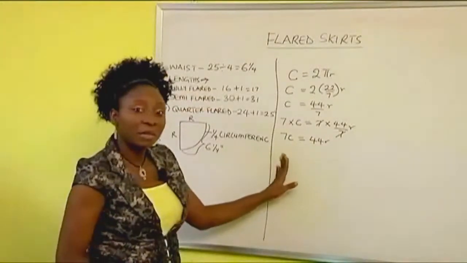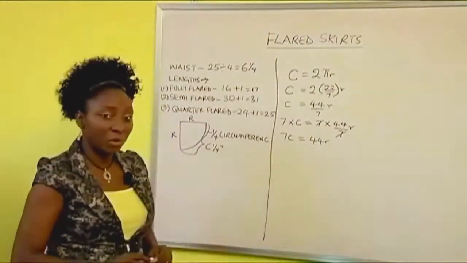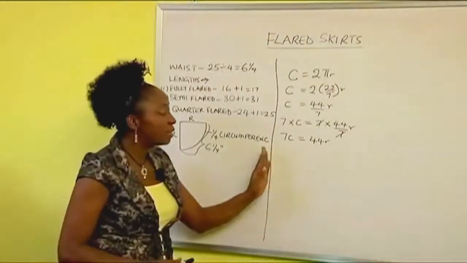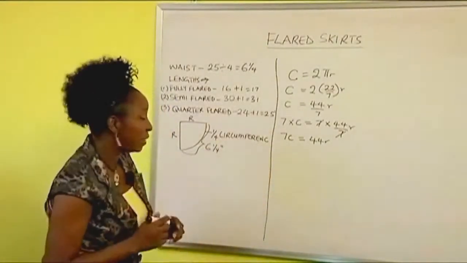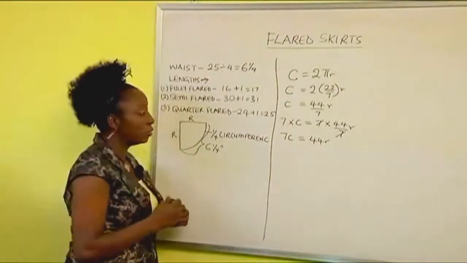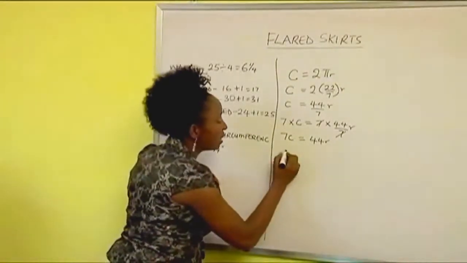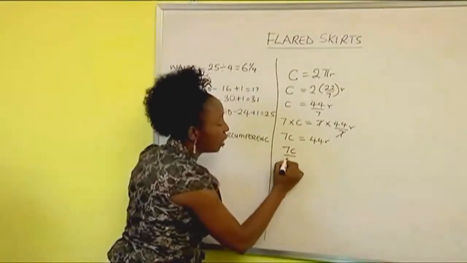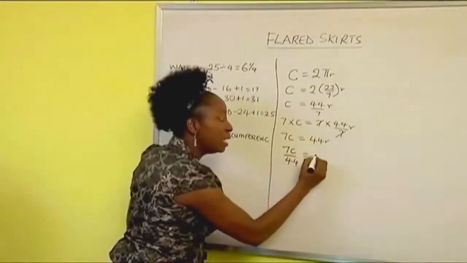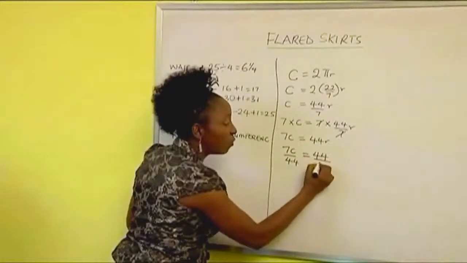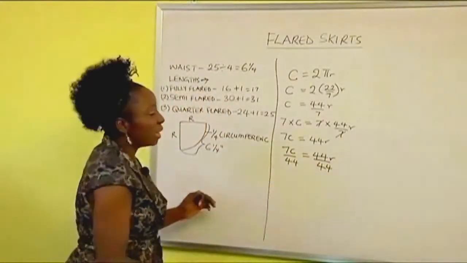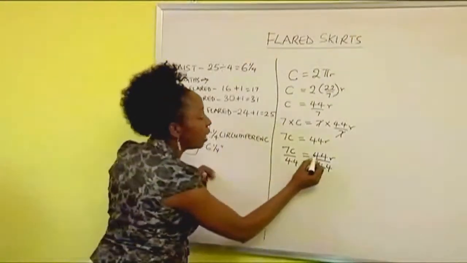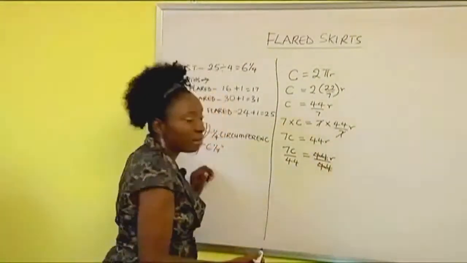So you can see that we're very close to making r the subject of the formula. So I want to take this and divide both sides by 44. Very clever. That's why mathematics is very good for life. So 7C divided by 44 equals 44r over 44. Now I just cancel 44 with 44, and what I'm left with is r.